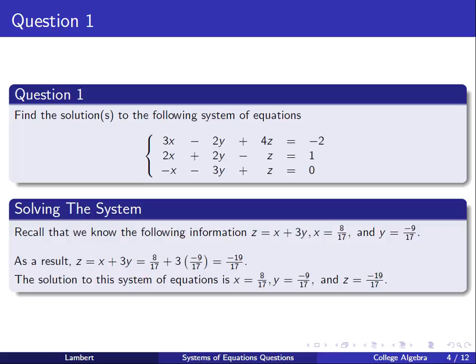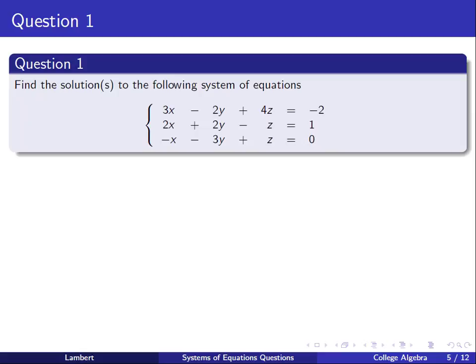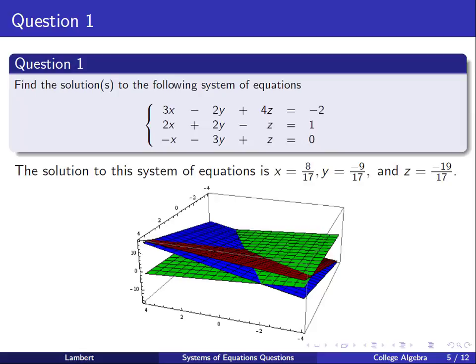But to give you a visual interpretation as to what's happening, there are actually three-dimensional drawings that we can do. Each of these equations, our top three here, are actually planes. So what happens when we look at this is the intersection of three planes.